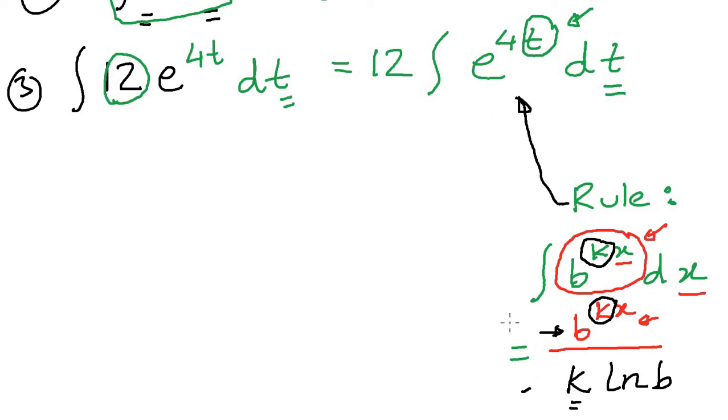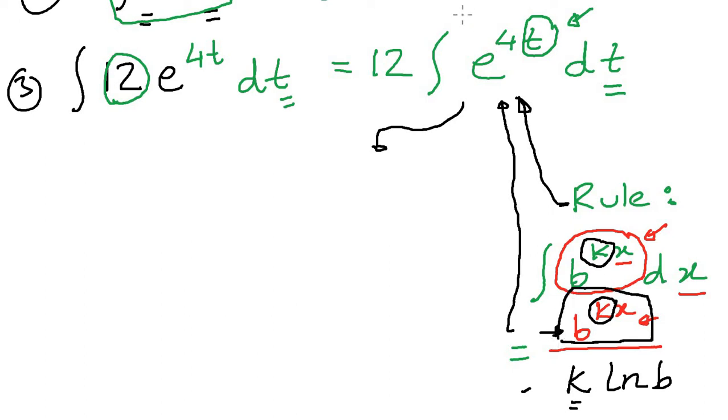When you apply this rule here, what are you going to get? Well, remember, first write the original function as it is. So write the entire thing as it is. So we write e to the power 4t.